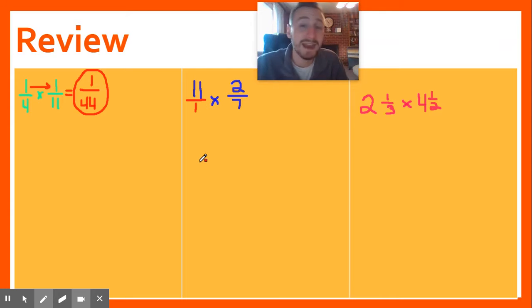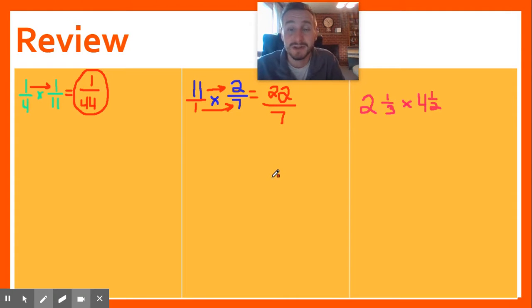You can divide any whole number by 1 and it will equal itself. So we're not changing the value of this 11. So 11 over 1 is just 11. And now we've made it 2 fractions and we can multiply. 11 times 2 gives you 22. 1 times 7 gives us 7.